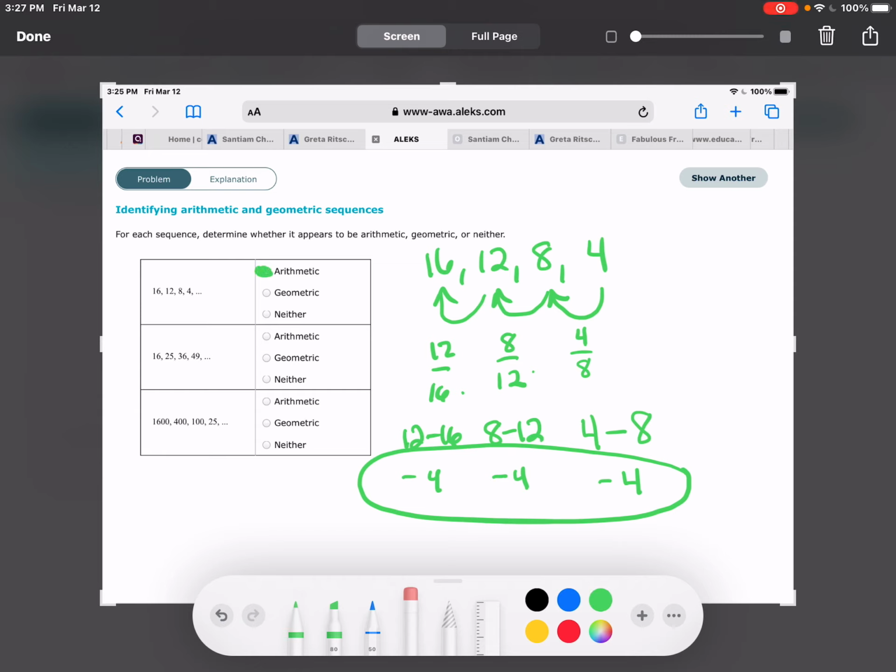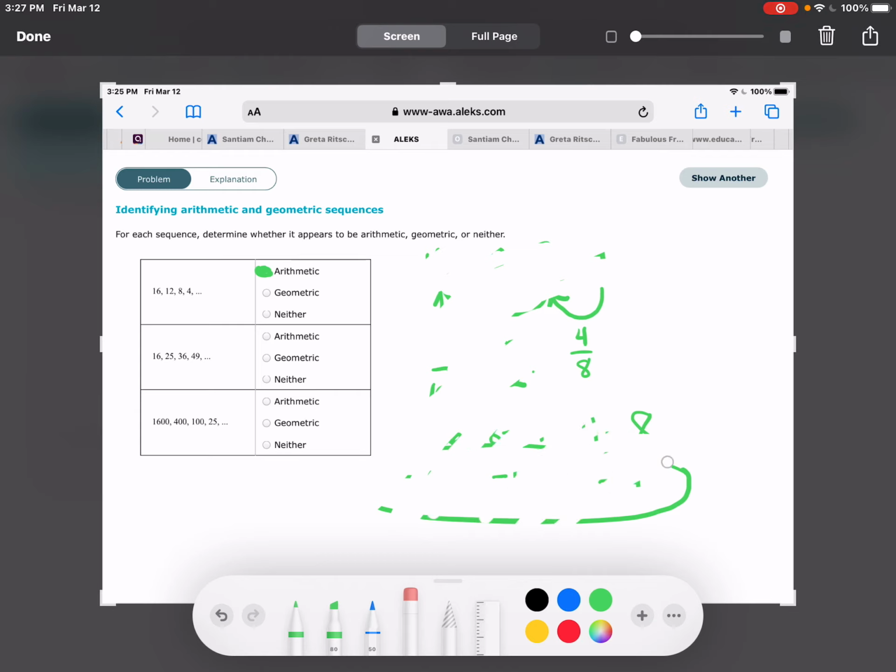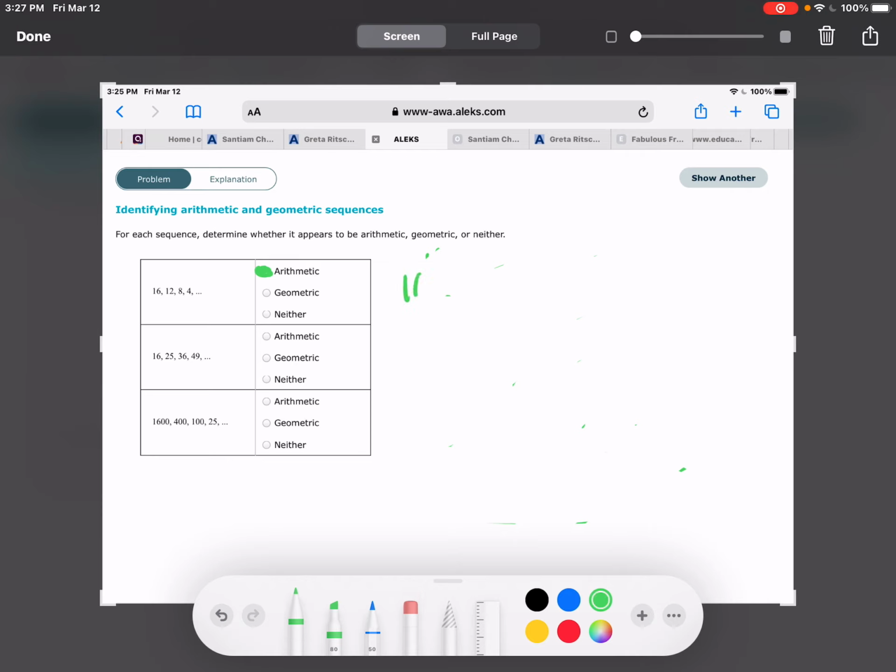Okay, let's talk about the next one. We have 16, 25, 36, 49. Sure looks like some kind of multiplying going on to me. So let's explore it. I like having a way that always works, so we can do the same thing we did in the last one.